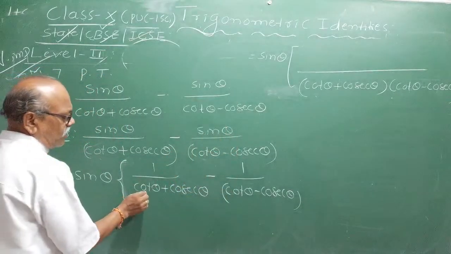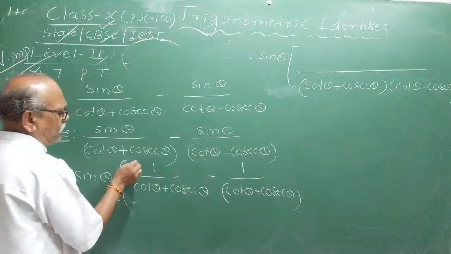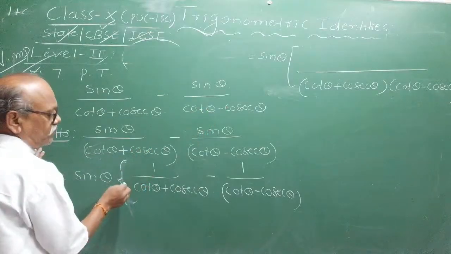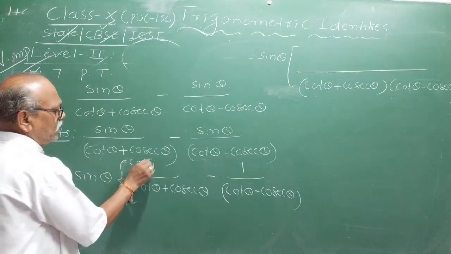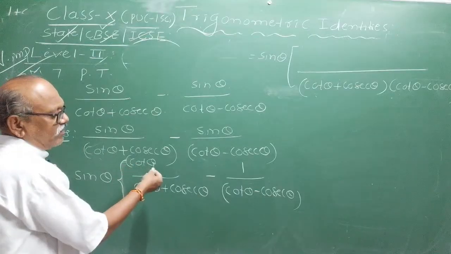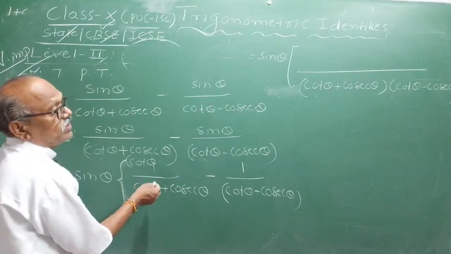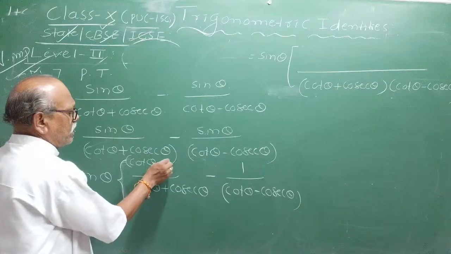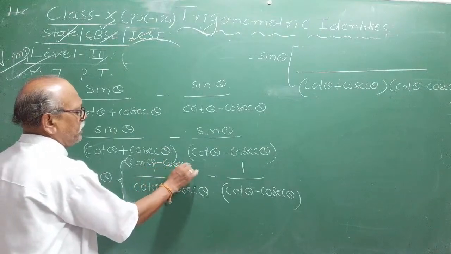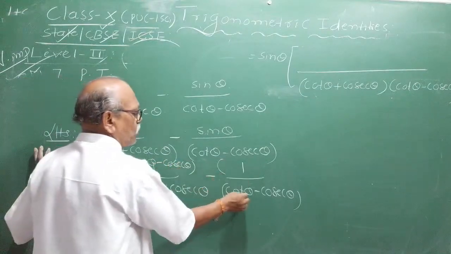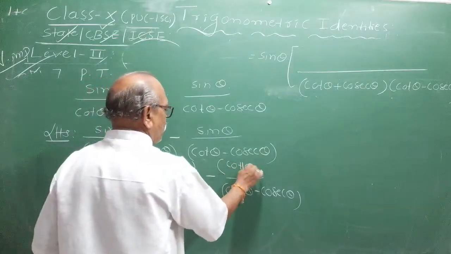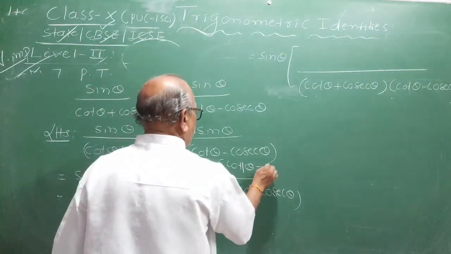To get the LCM, you have to multiply the first fraction by cot theta minus cosec theta, like you do in arithmetic with fraction addition and subtraction. Then the second fraction is to be multiplied by cot theta plus cosec theta.